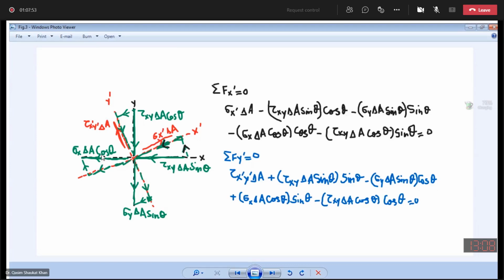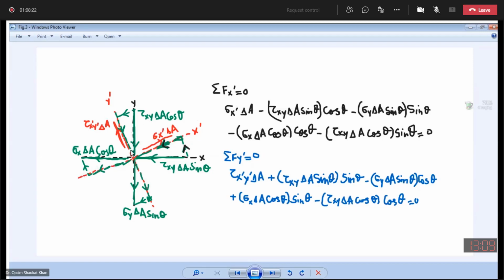Then you have sigma x delta a cos theta. Its component about the x dash axis will be sigma x delta a cos theta into cos theta, and this arrow is again pointing towards negative x dash axis. So this will be minus sigma x delta a cos theta into cos theta.